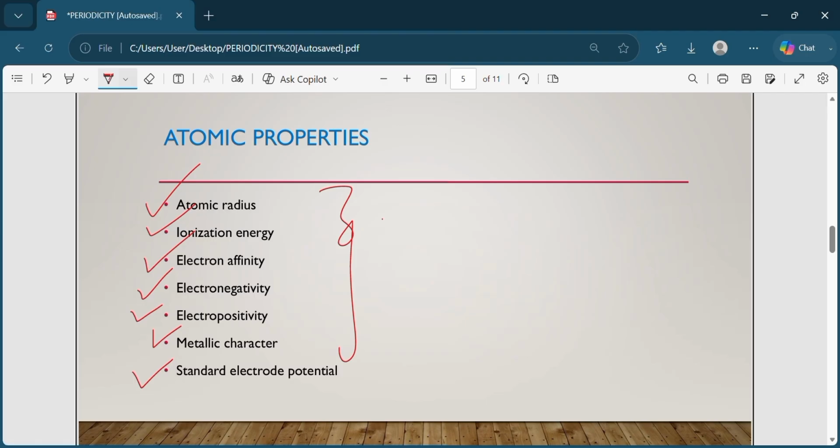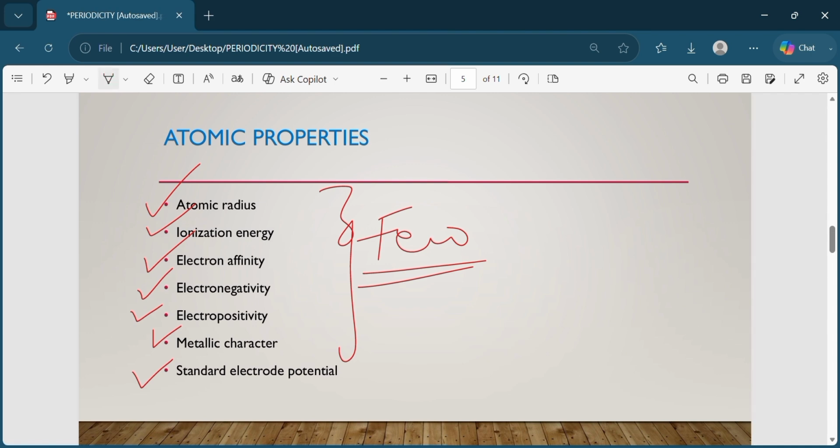I want us to look at how the effective nuclear charge, the nuclear charge, and the screening effect cause these properties to vary in the periodic table, that is, across a period and down a group. All right, so let's look at one at a time.